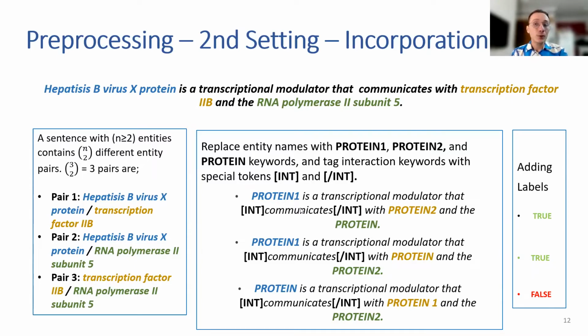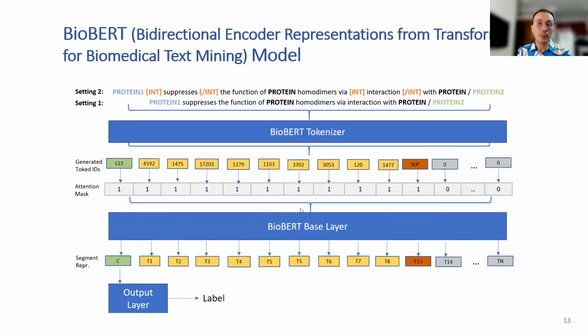This time, we also tagged interaction words, and we find each interaction word by matching those with the interaction dictionary of INO. And we add special tokens INT surrounding the interaction keywords. So it is our second pre-processing step.